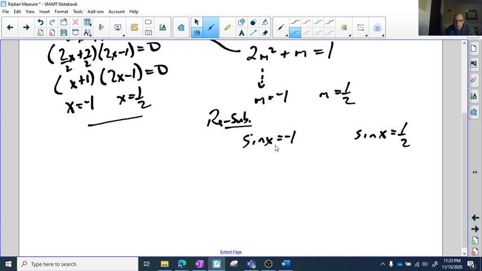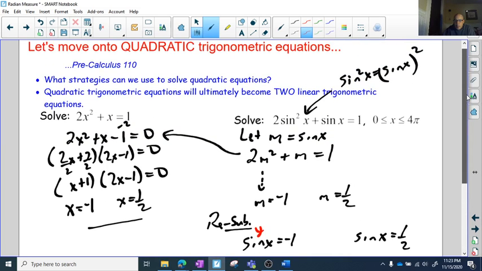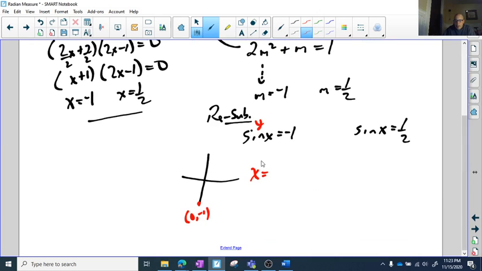So now I've got two linear trig equations like we've been solving before we got to this slide. And sine is -1 only on the unit circle. So this is your quadrantal strategy. Sine, remember, goes with y. Y is -1 down here. So now I need to say, well, what angles could this be? Well, what's their domain? So 0 to 4 pi. So 4 pi means 2 positive rotations.